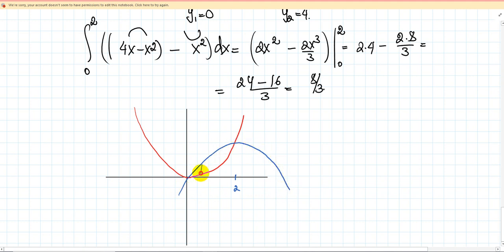Okay? We found this area. Do you understand this? We found this area by making, again, the vertical rectangles, right? For each vertical rectangle, the height will be the blue curve minus the red curve. Okay? Then we have to make such rectangles for all possible x from 0 to 2. Good?